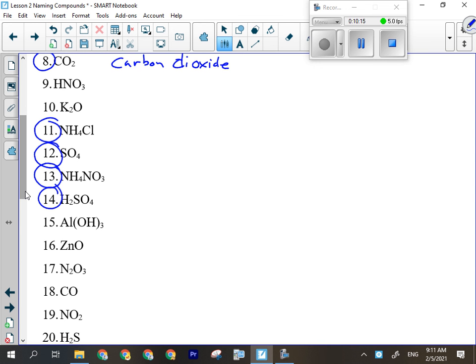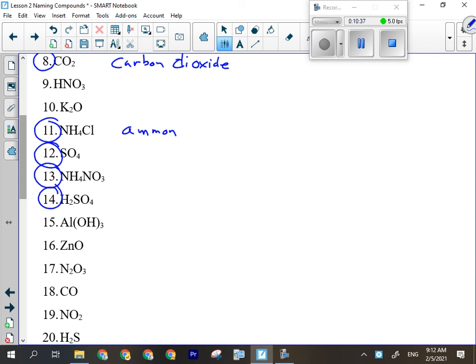Okay, for number 11, this one's tricky. Is this ionic or molecular? Tricky because it starts with nitrogen, doesn't it? Except that that nitrogen is part of a polyatomic ion that we were just looking at before called ammonium. So this is actually an ionic compound.